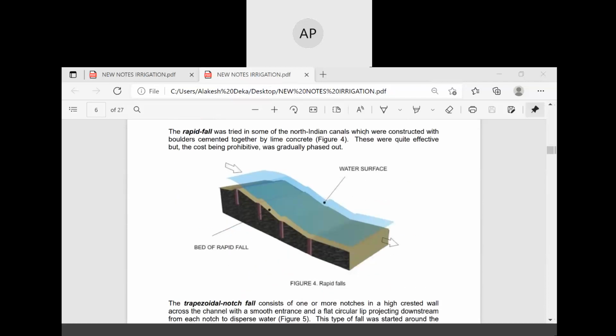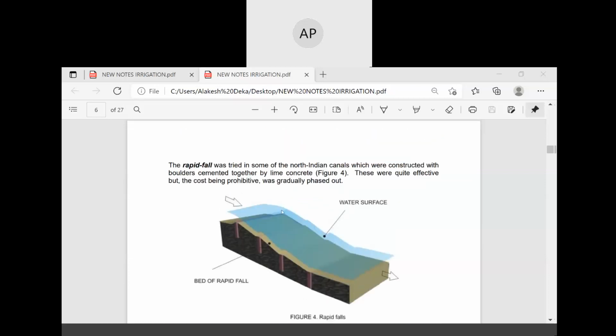And this is the figure of a rapid fall, which is generally situated along a steep slope. A rapid fall was tried in some of the North Indian canals, which were constructed with boulders cemented together by lime concrete.